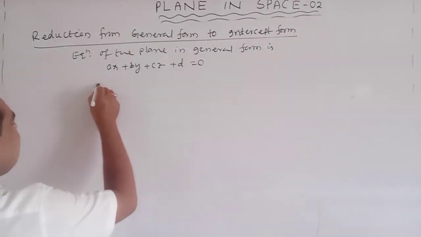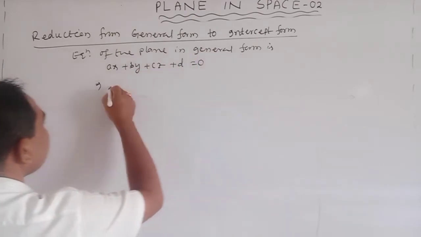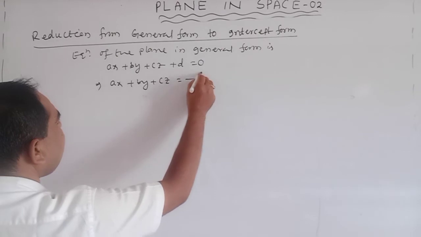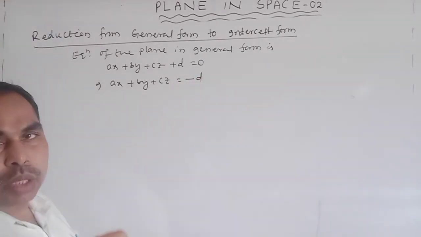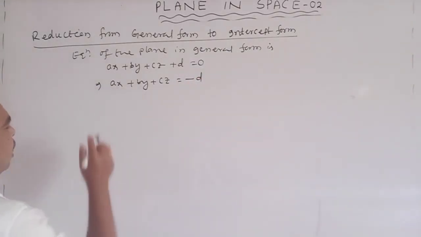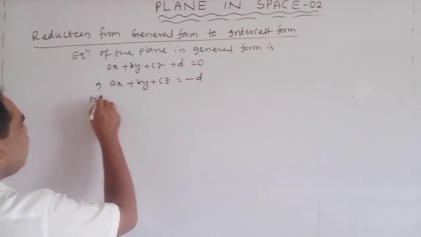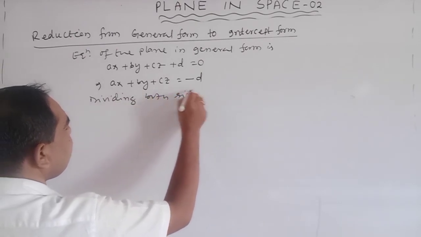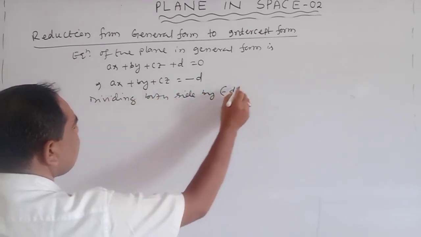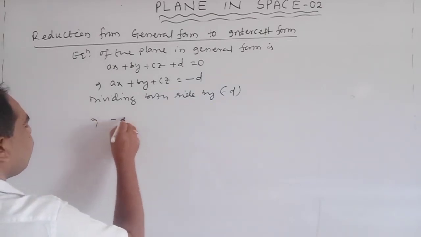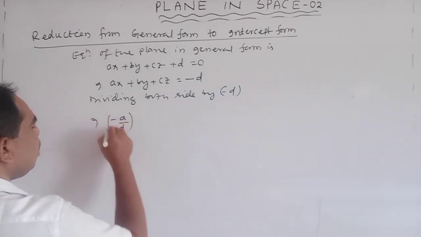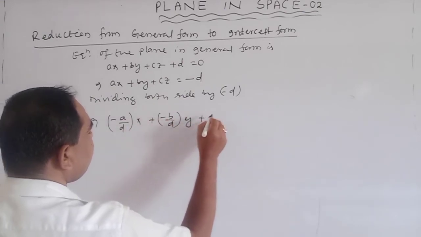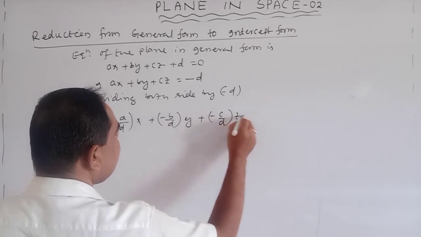So take the constant term to the right side: ax plus by plus cz is equal to minus d. Okay, dividing both sides by minus d, this is minus a by d into x plus minus b by d into y plus minus c by d into z is equal to 1.